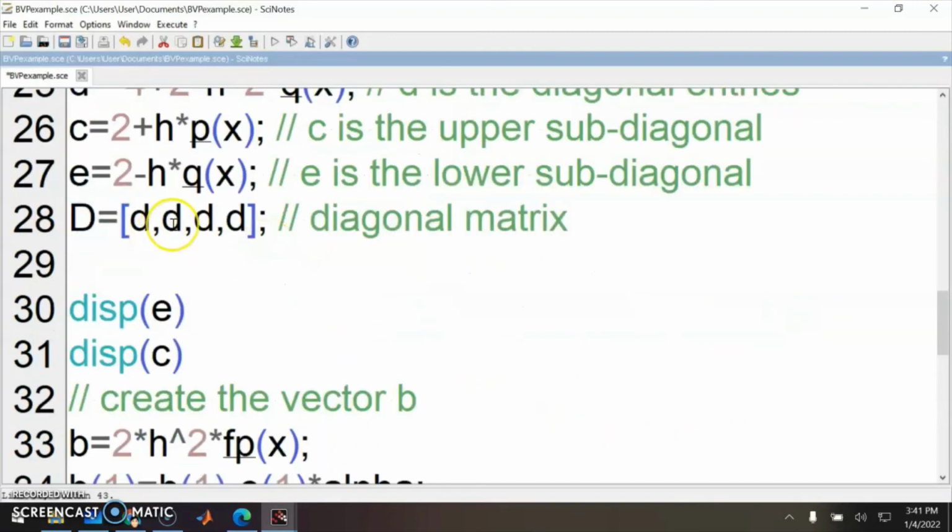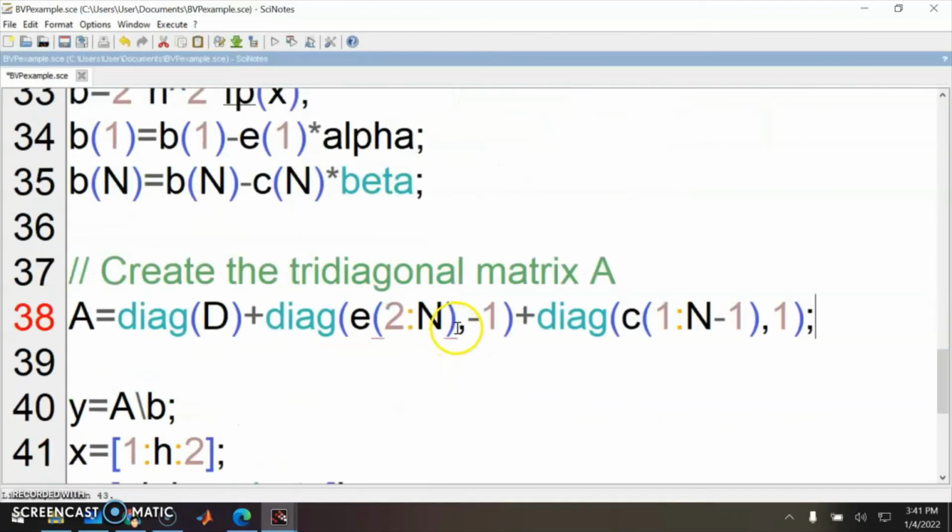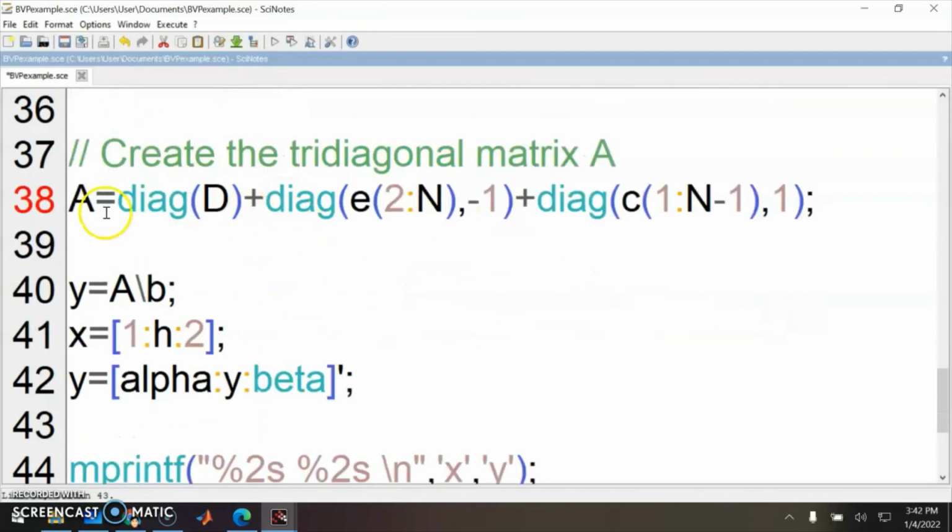D is my diagonal, which is D, D, D, D, D. Looks correct to me. Is there any bracketing missing here? This is for this. This is for this. E from 2 to n. And C from 1 to n minus 1, 1.